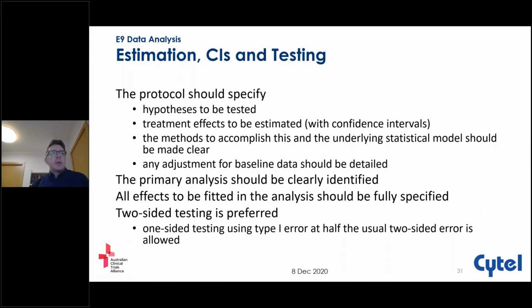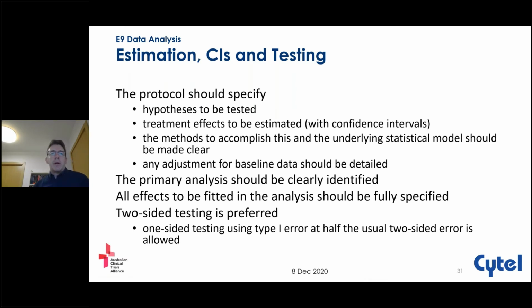In this document, there was also an emphasis on estimation and confidence intervals. Instead of just seeing the p-value, it's more important to see an estimate of the effect size and its uncertainty. It said the protocol should specify the hypotheses, the treatment effects to be estimated, the methods to accomplish this, and any adjustment for baseline.